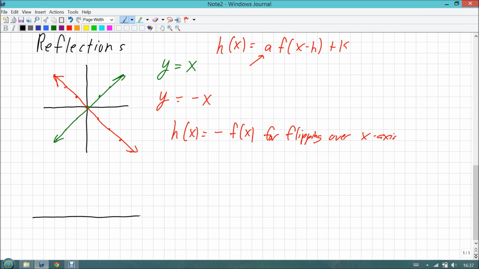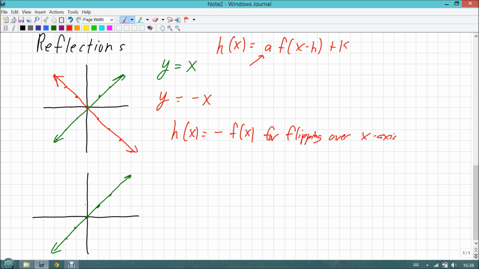Once again, I'm going to draw my beautiful little graph. And we're going to have green as our original and red as the transformation. Now here's my original green, and I'm going to reflect it over the y-axis. So I would look at how far away this piece is.